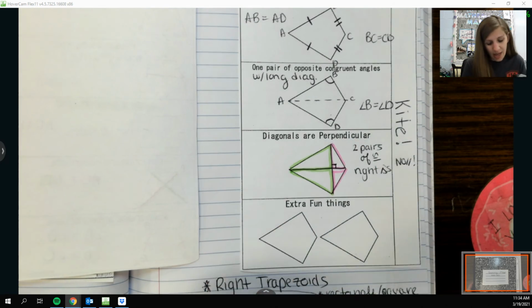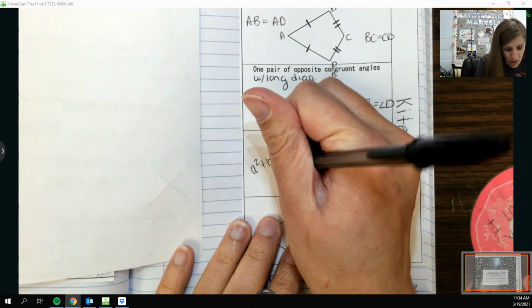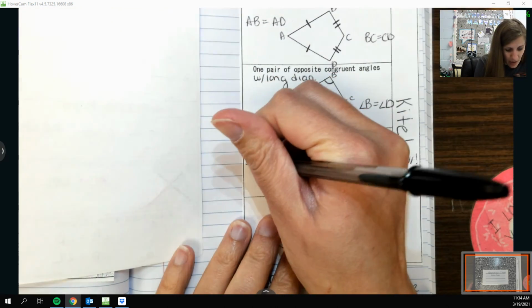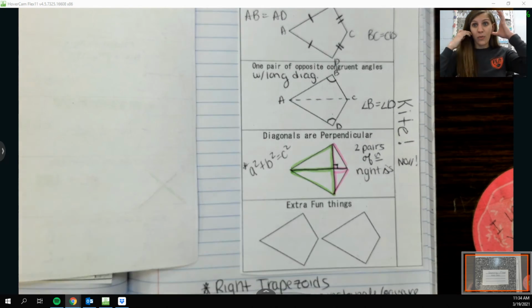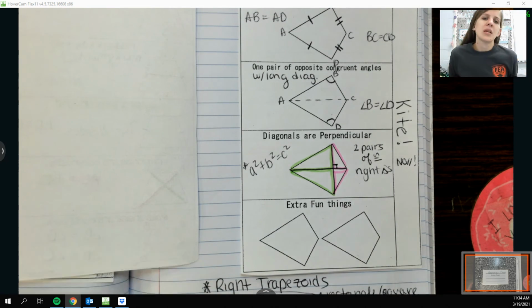And again, when I have right triangles, I'm thinking a squared plus b squared equals c squared potentially. I'm thinking 30-60-90, or 45-45-90 potentially, or maybe a trig thing.